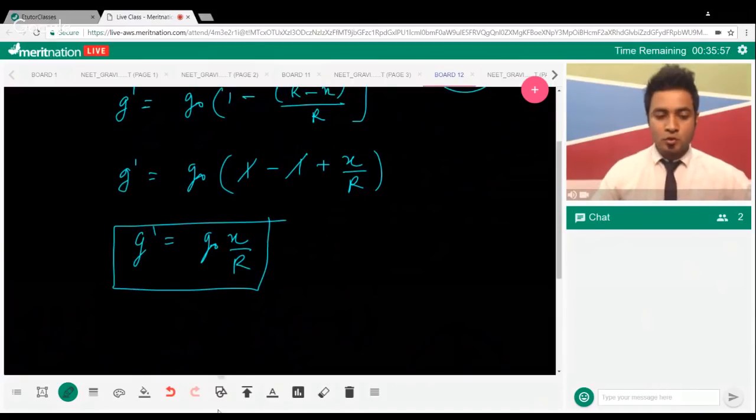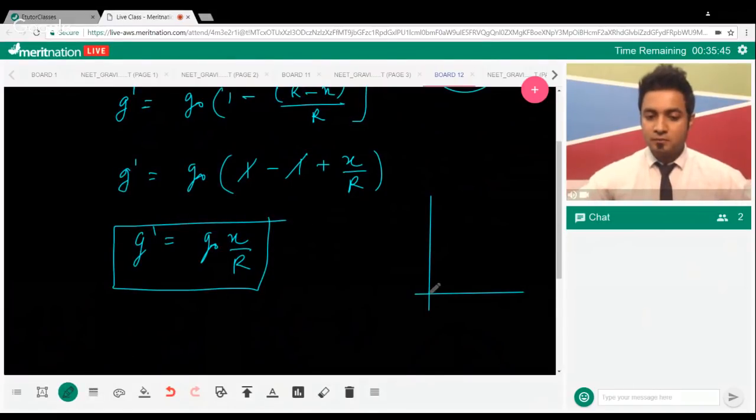So how can we figure this out? We can build a small graph here till the point r, and that would be linear. It won't be a parabola or something else.